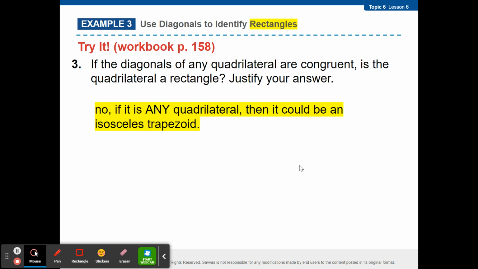A rectangle is not the only quadrilateral that has congruent diagonals. Isosceles trapezoids do as well. Trick question. All right, questions on that one? Anybody still writing this down?